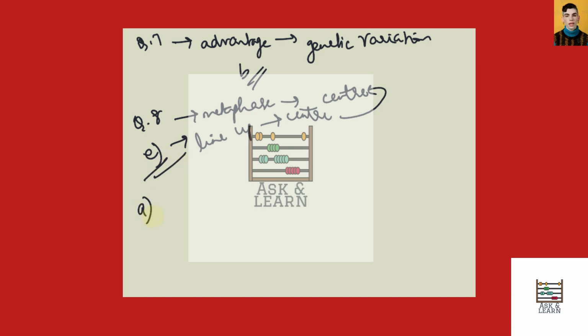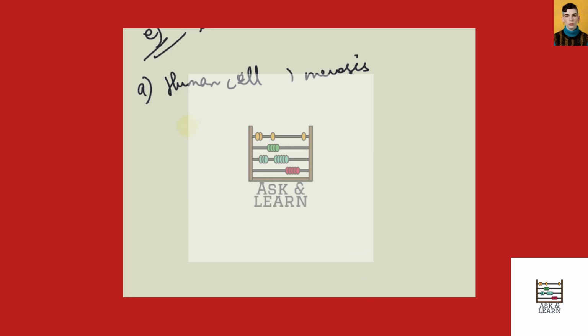Coming to question 9, which of the following represents a human cell that participates in meiosis? So how will we know that the human cell undergoes meiosis? Firstly, it will give us variation.